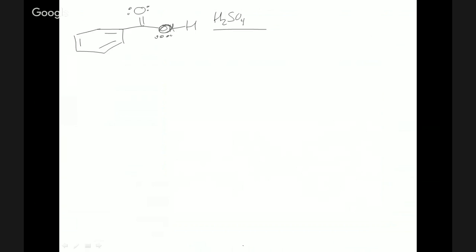H2SO4 is a catalyst. Here we're going to have excess methanol. That's going to help drive the reaction. Again, you should be able to recognize this reaction without the excess or the catalyst, but I will try to put it in there. And we're going to form an ester.